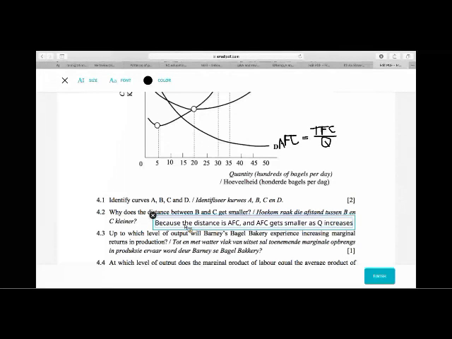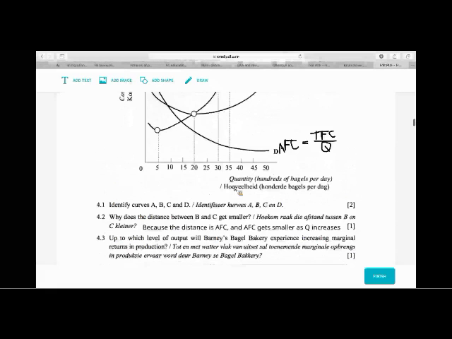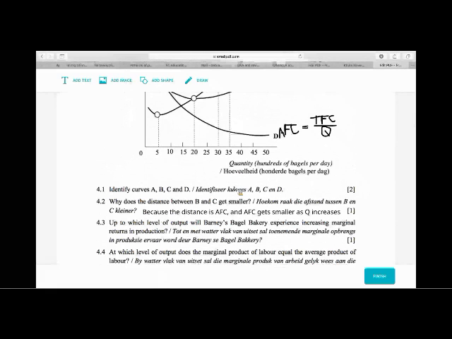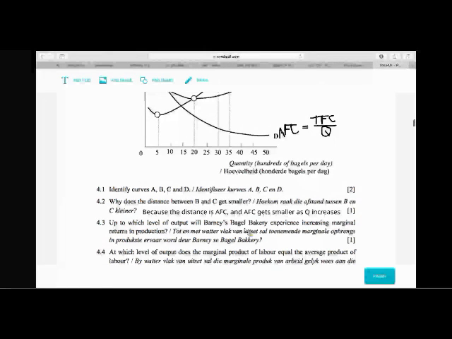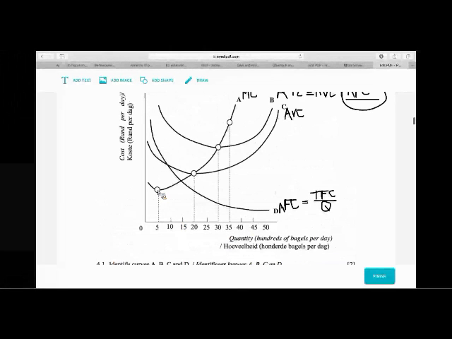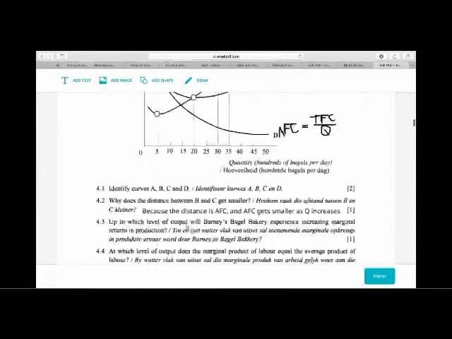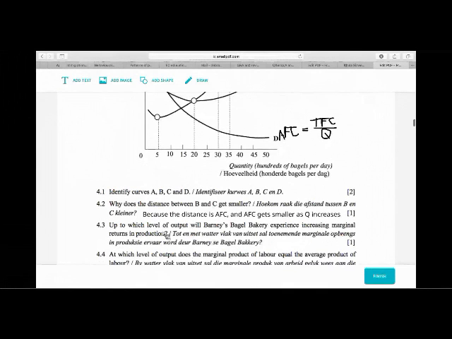Okay. Question 4.3 then says, up to which level of output will Barney's Bagel Bakery experience increasing marginal returns? So increasing marginal returns means your marginal product is going up. And if your marginal product is going up, your marginal cost is going down. So marginal returns that are increasing will be over the same range where marginal cost is decreasing.